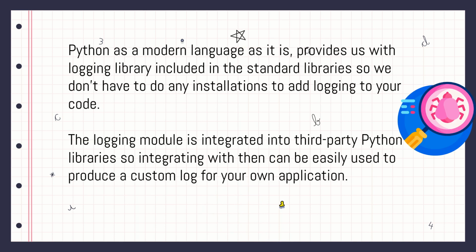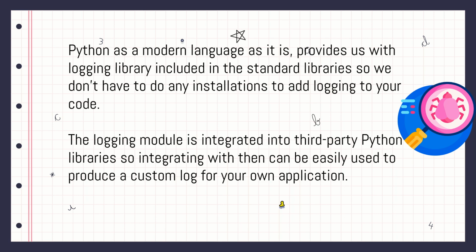So Python, as a modern language, provides us with a logging library that is included in the standard libraries in Python. So we don't have to install any third-party libraries to add logging functionality to our application. The logging module is integrated with Python, and third-party logging libraries also use the logging module in Python.